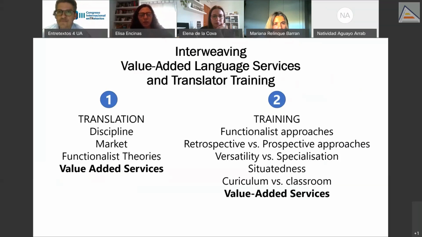The first one, which I'm going to go through very quickly, is translation as a concept within the discipline, translation in the market, a bit of functionalist theories, and then what value-added services are from the point of view of translation services. This morning, Oliver Carreira was talking about transcreation, and he actually mentioned a few of these ideas as well.